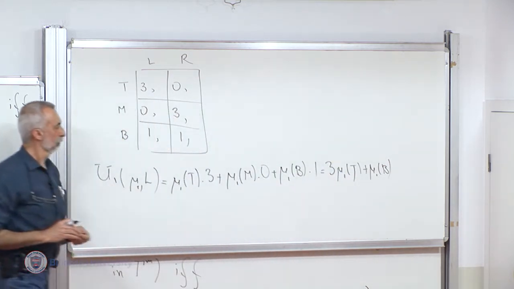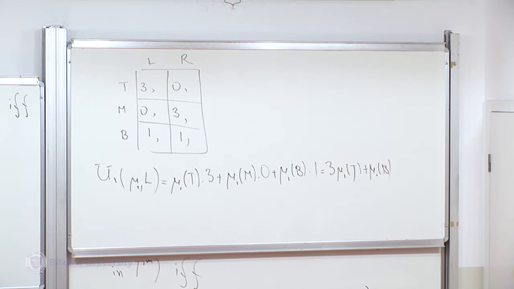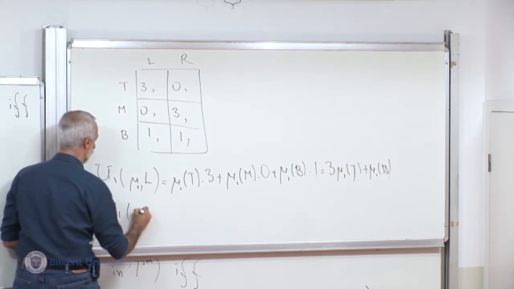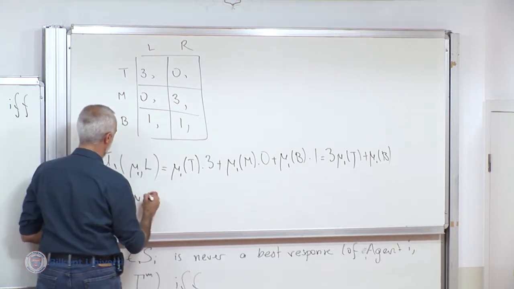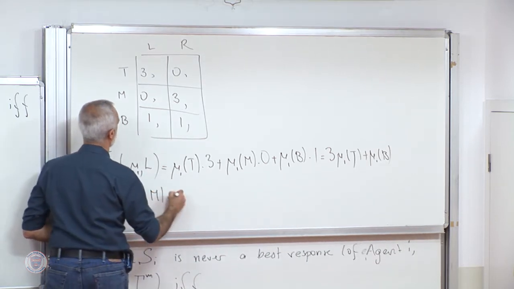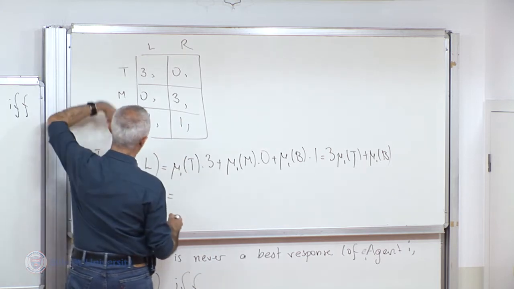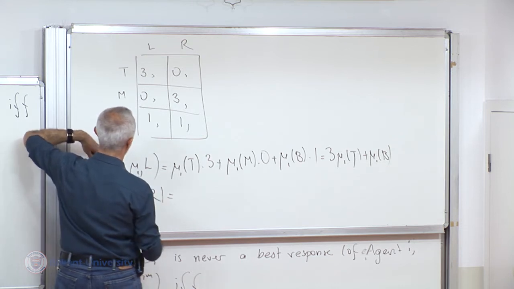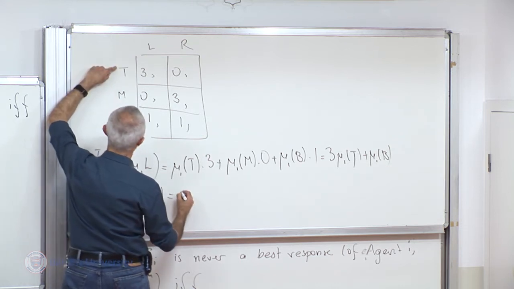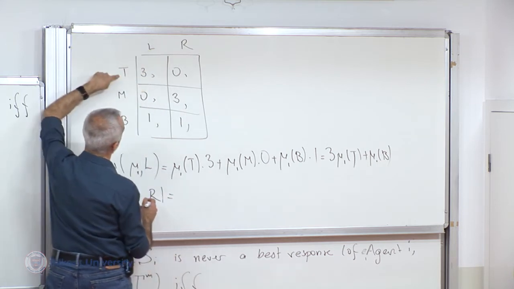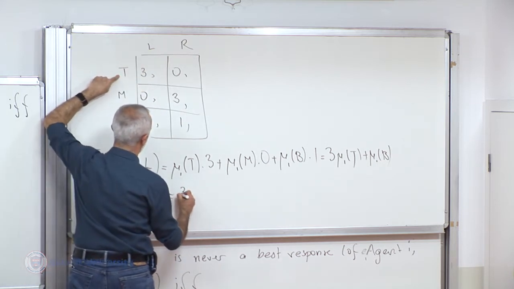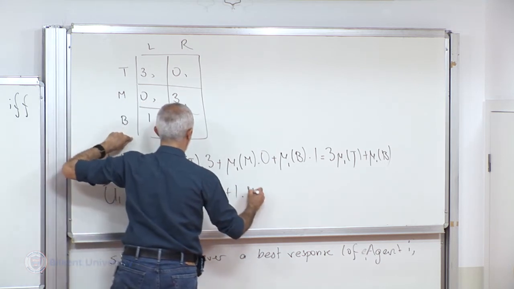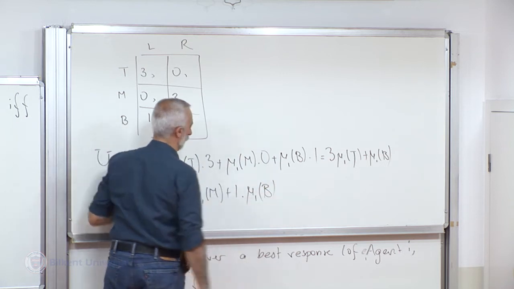Top. Okay? And U1 of mu1, R is 0 times mu1 of T plus 3 times mu1 of M plus 1 times mu1 of B. Okay?